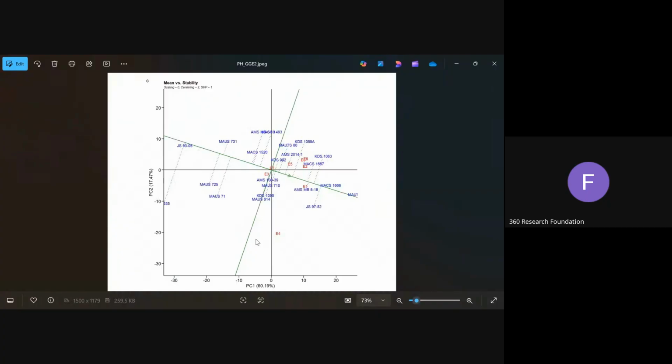So now here we need to interpret this. In earlier graphs, we were concentrating on the origin. But here, we need to concentrate on this average environment axis. Whichever genotypes are closer to the arrow end of the AEA. Now, what is meant by this arrow end? Can anyone tell me?